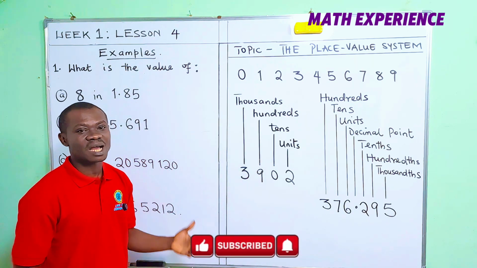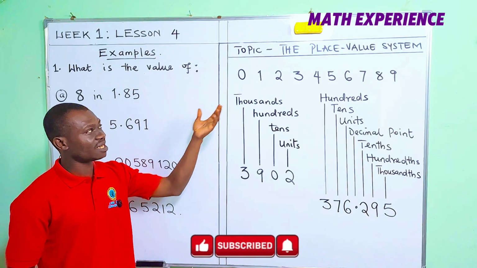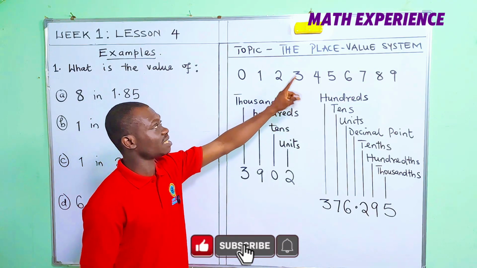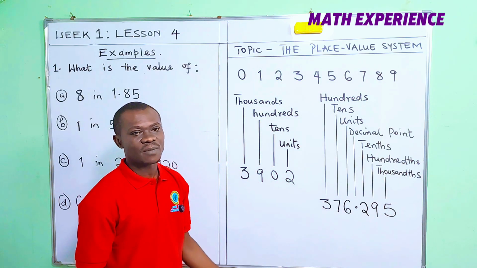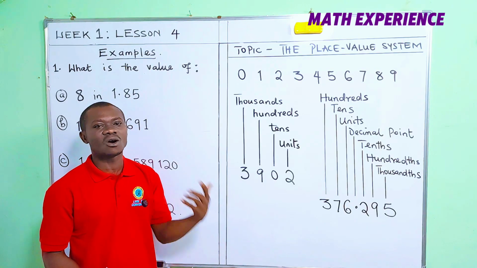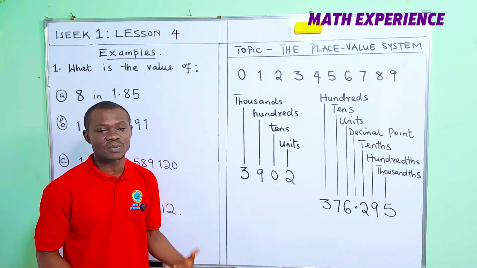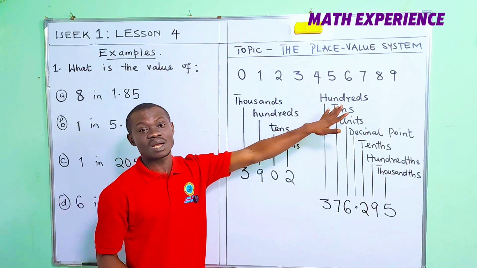Then we saw counting, and the Roman system of counting. And now we are in a topic called the place value system. All we have been doing is under the big topic, development of number systems, or development of numbers. So what is this system all about?